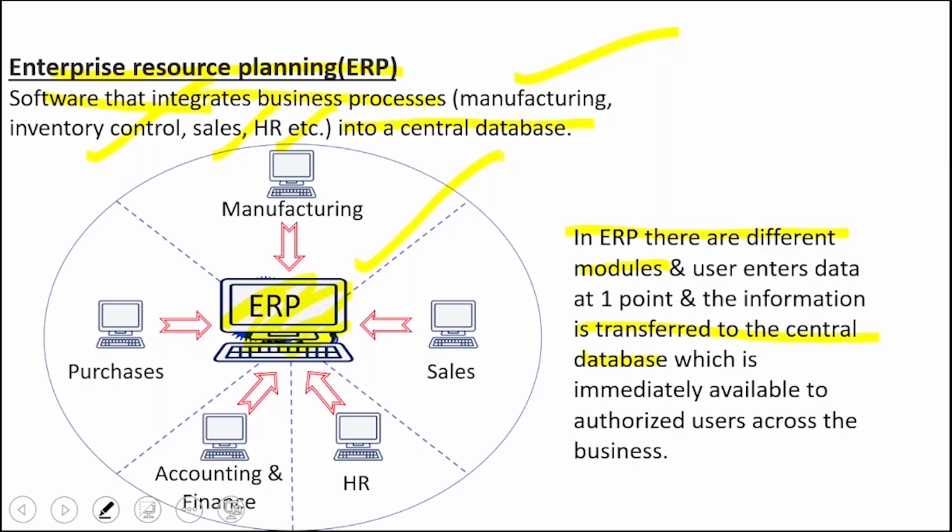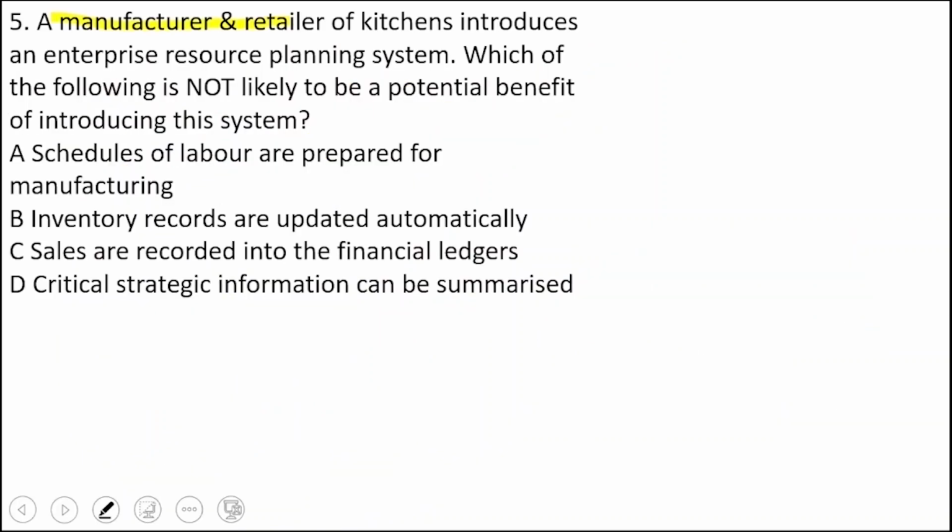Now let's read the question. A manufacturer and retailer of kitchens introduces an enterprise resource planning system. Which of the following is not likely to be a potential benefit of introducing the system? Option A, schedules of labor are prepared for manufacturing.